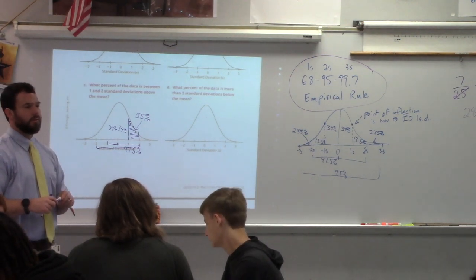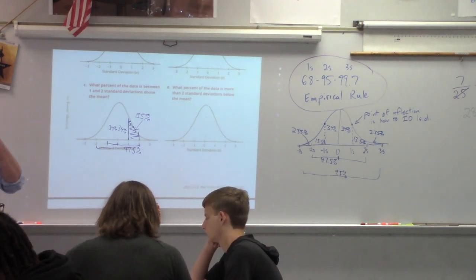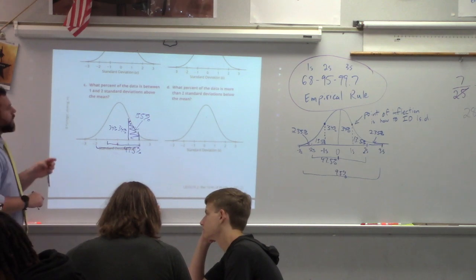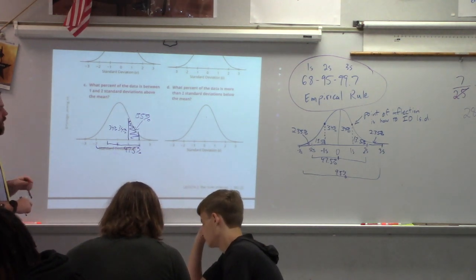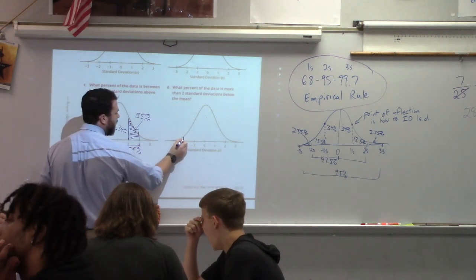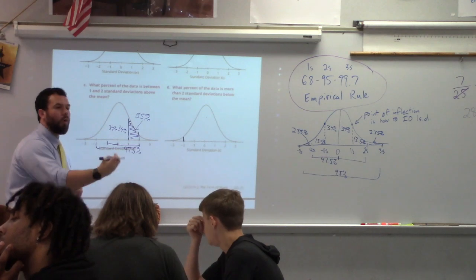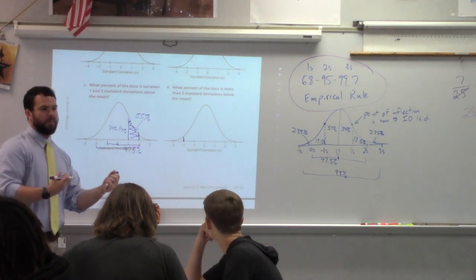Now, the next wording is a little confusing, so I need you to pay attention to this. What percent of the data is more than 2 standard deviations below the mean? So where's my line going to be? At the -2. Everyone seemed to be okay with that. But if it is more than 2 standard deviations, is it closer to the mean or further from the mean? Further.